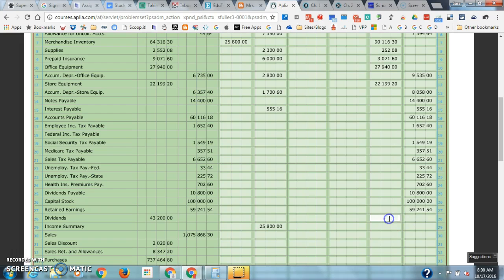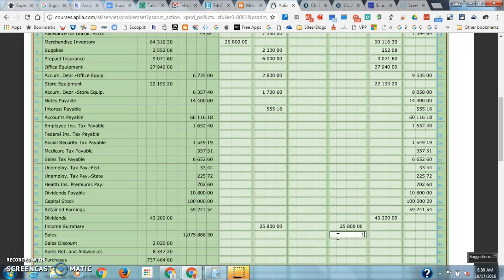And dividends is a debit, $43,200. Okay, now when I get to income summary, that is a clue to me that I'm now going to be putting my numbers in the income statement column. And so, income summary, credit, $25,800.